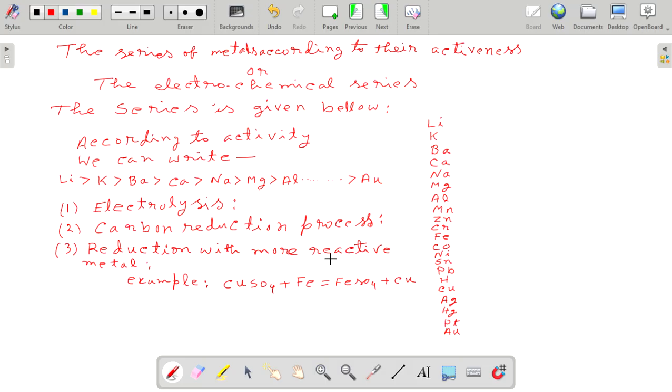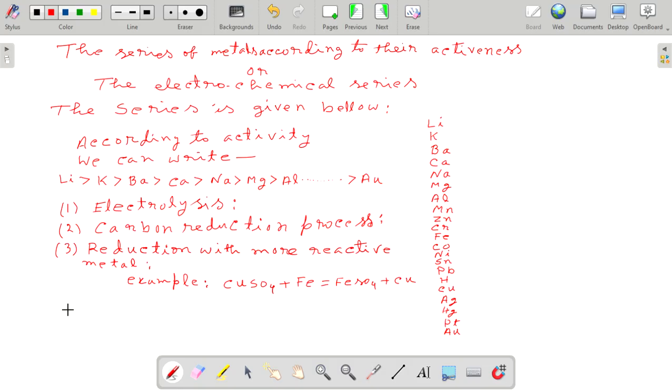Reduction with a more reactive metal is applicable, and that more reactive metal is Fe. Fe displaces Cu from CuSO4 and Cu is extracted.